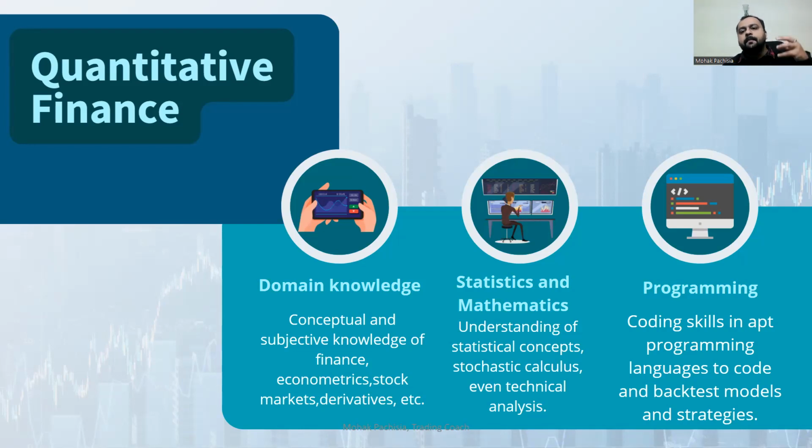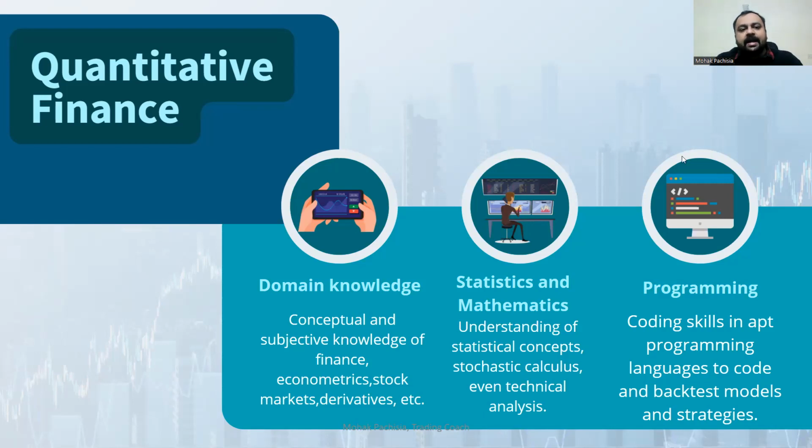If I want to make a medium frequency trading algorithm, what I need is my basic knowledge of the stock market, and then a good knowledge of technical analysis would help. An idea of price movement will help, so I can make my own indicators by coding. So these are the interesting things which I can do, right?